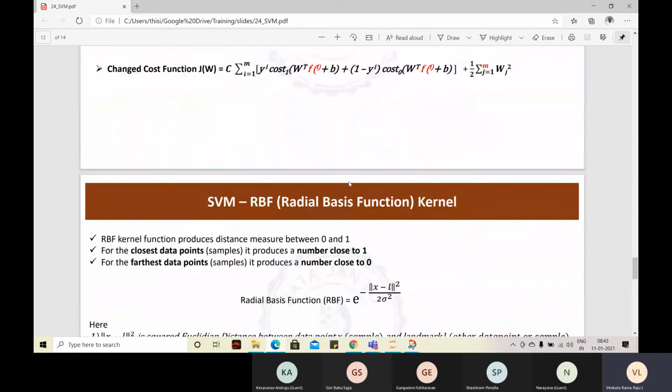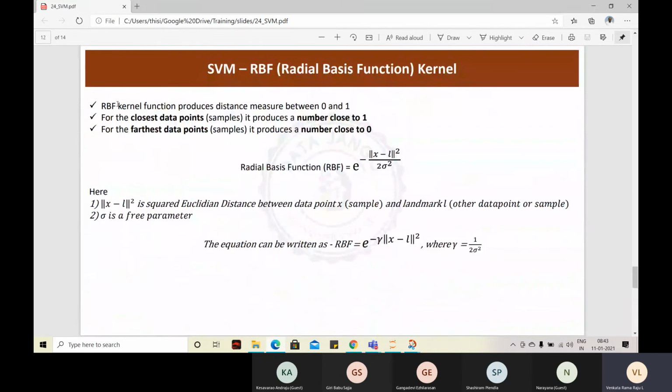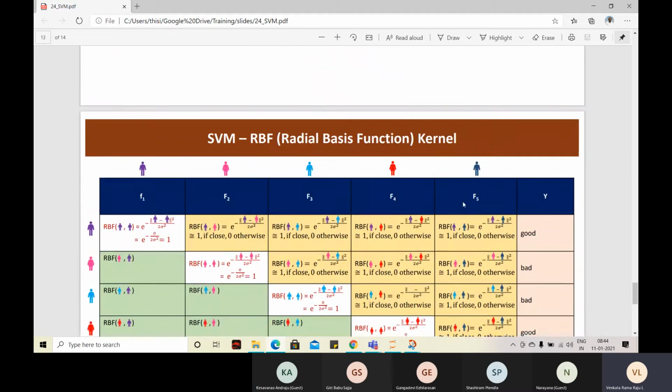Okay, so the RBF kernel produces a number between 0 and 1. Closest points will get a number close to 1. Farthest points get a number close to 0. So I explained that. You can take a squared Euclidean distance between x and the landmark. What is a landmark here?